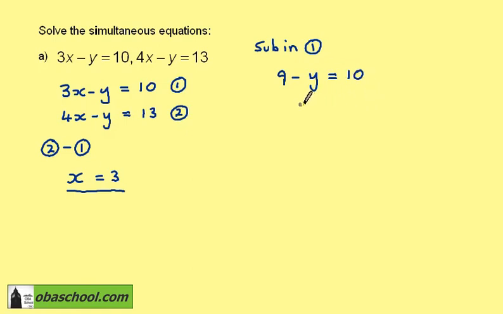Taking 9 from both sides gives minus y is equal to 1, and therefore y must be equal to minus 1. So x equals 3 and y equals minus 1 is our final answer.